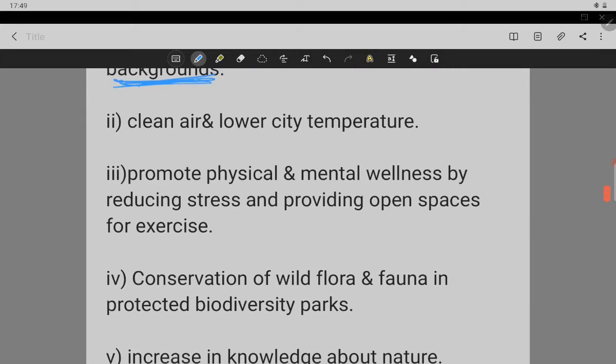Now, another point is clean air and lower city temperature. This is an environmental benefit. If we have forest cover, if we have spaces of natural beauty, places which are still as natural as they were before the cities came around them, like there is a forest or there is some kind of a big park, they help in cleaning the air of the city and in lowering the temperature of the city.